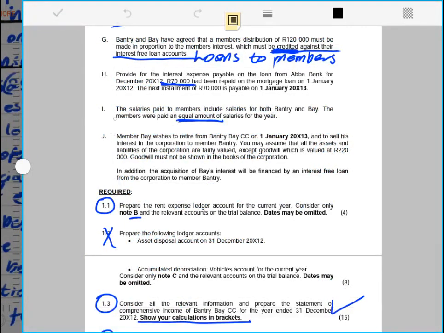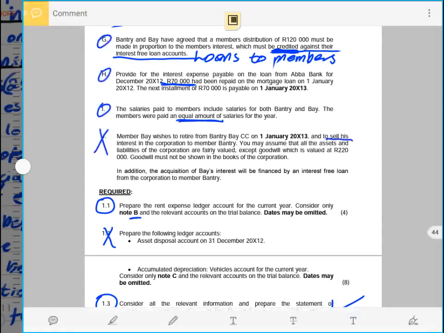Then this one I will do, I've done this. I will do this entry in one video, combining all other videos. I just want to do one video for the members' interest when the member sells his interest to the close corporation. I just want to do them separately so that you get to master only one aspect.